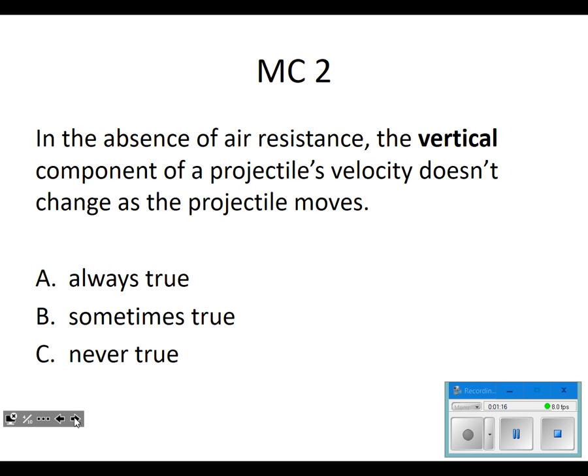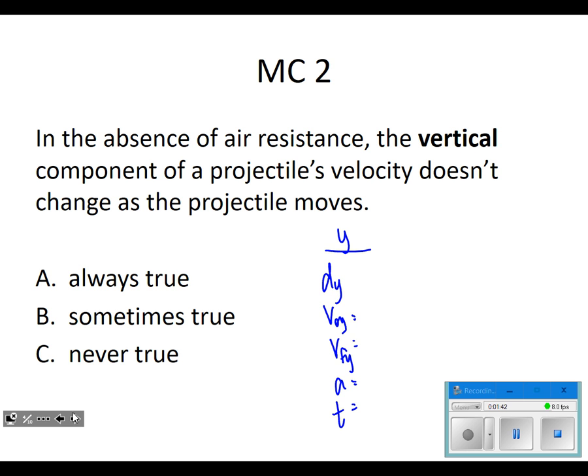Question 2. In the absence of air resistance, the vertical component of a projectile's velocity doesn't change as the projectile moves. Well, we know on our t-chart that on the y side we write dy, voy, vfy, a, and t.